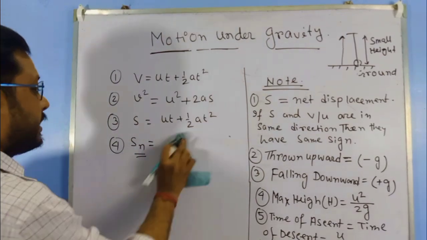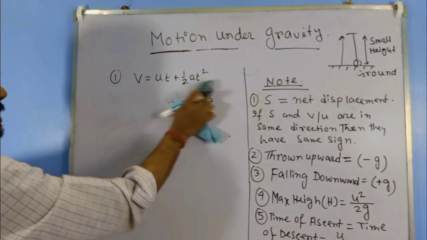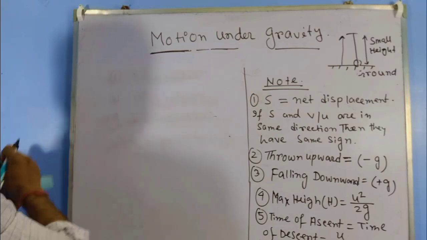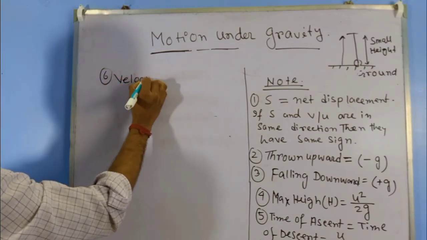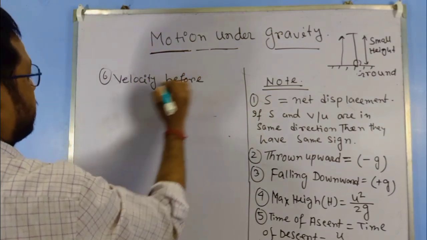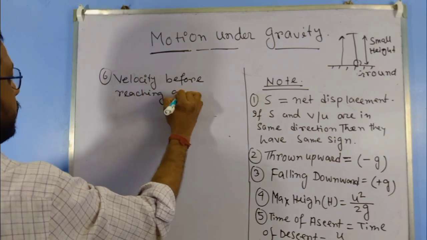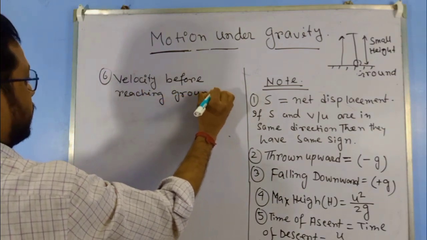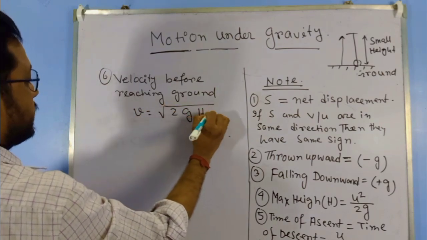Number 6 point is the velocity before reaching the ground: v is equal to root under 2gh.